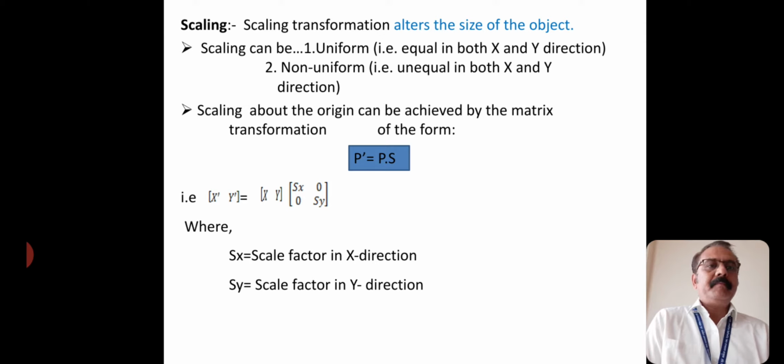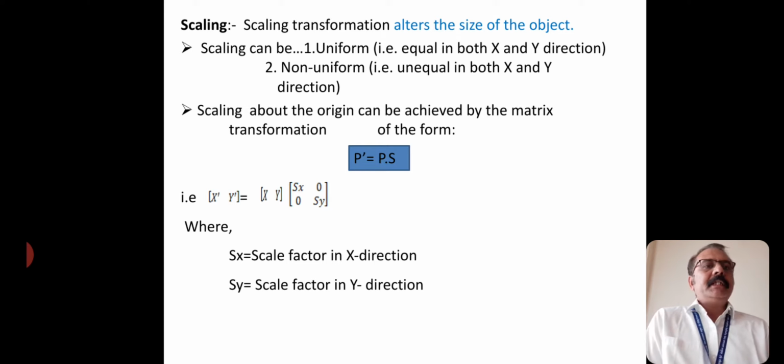If it is uniform, then the size of the object changes equally in both x and y direction. And if it is non-uniform, then it will alter the size of the object unequally in x and y direction.